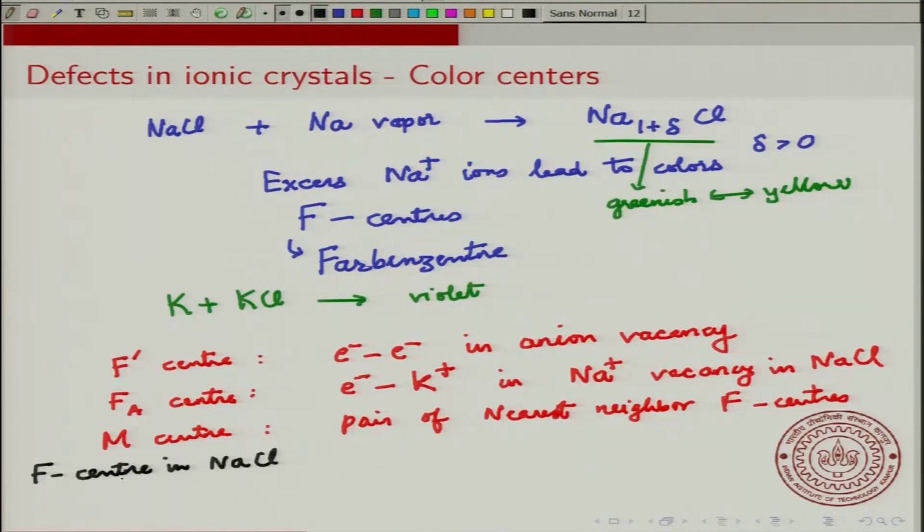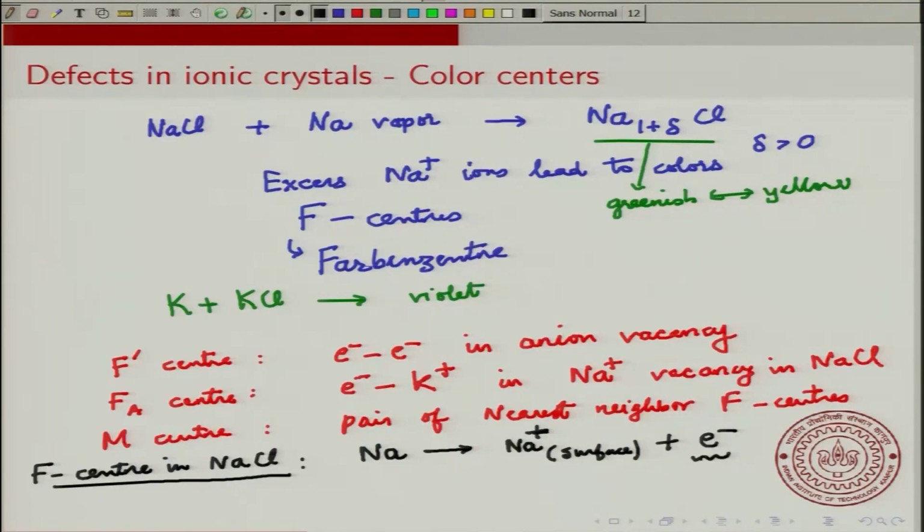I will show you how this F center is formed. Some excess sodium atoms will get ionized to sodium plus, which will stay on the surface, and an electron, and this electron will go inside the crystal, and it will occupy an anion site, and it will give the F center.